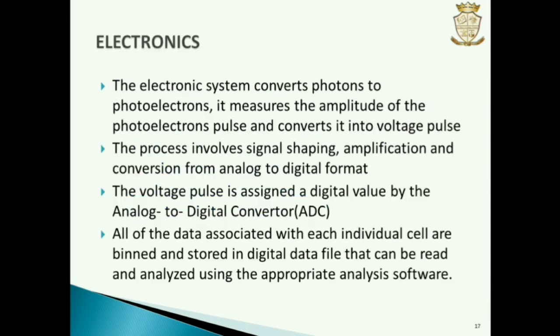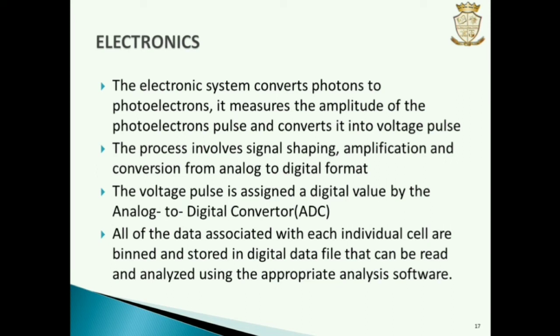Electronics. The electronic system converts photons to photoelectrons. It measures the amplitude of the photoelectron's pulse and converts it into voltage pulse. The process involves signal shaping, amplification, and conversion from analog to digital format.